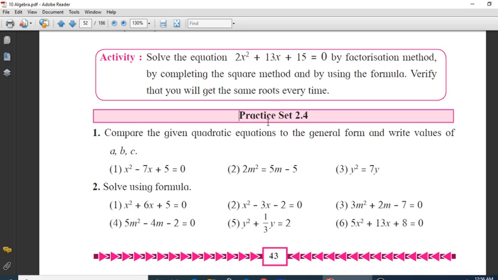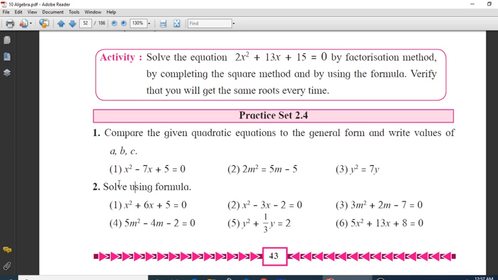That we have already studied in exercise number 2.2. And in practice set number 2.3, we have studied how to solve a quadratic equation by the completing the square method. And in this exercise we will learn how to solve a quadratic equation by using a formula. So that is the important part of this exercise.